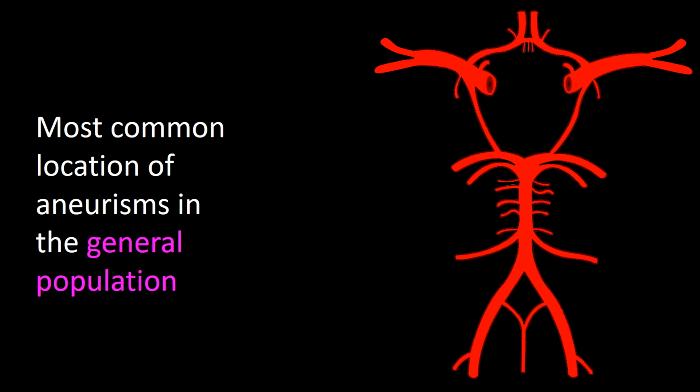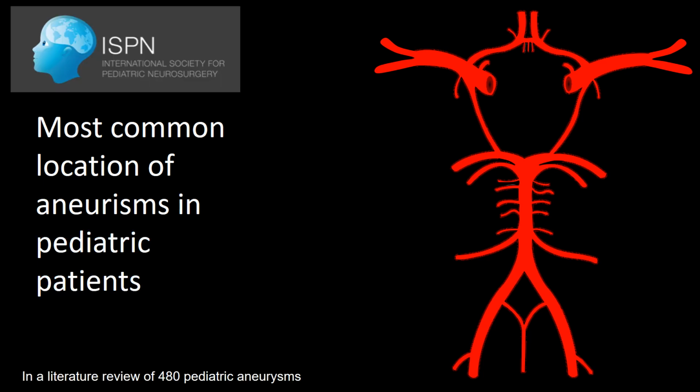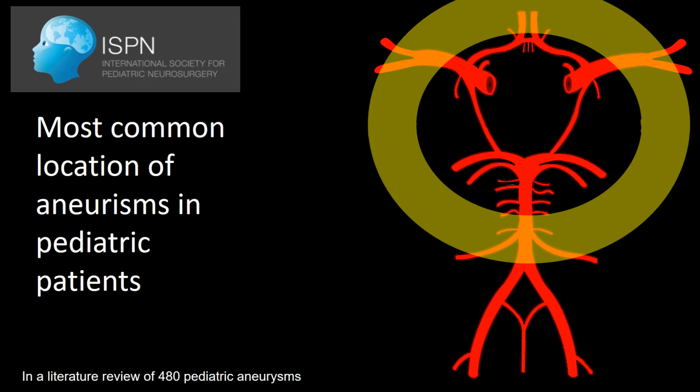This is so in the general population. In the pediatric population, a study published by the International Society of Pediatric Neurosurgery concluded that most aneurysms in children occur outside the circle of Willis.